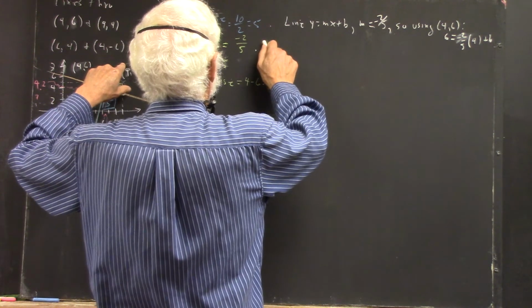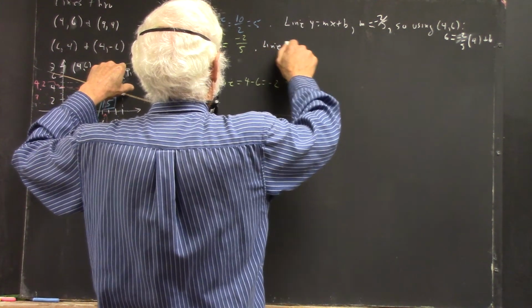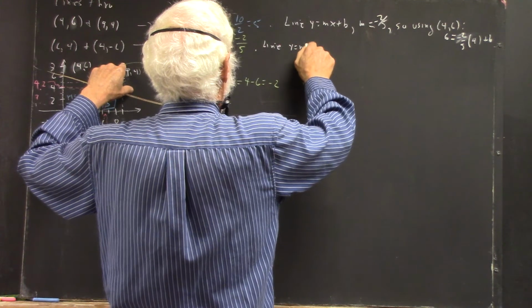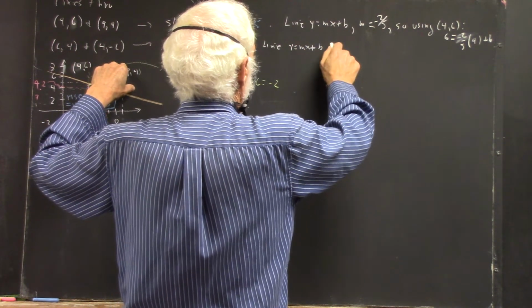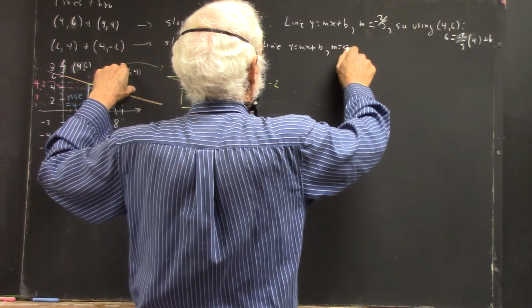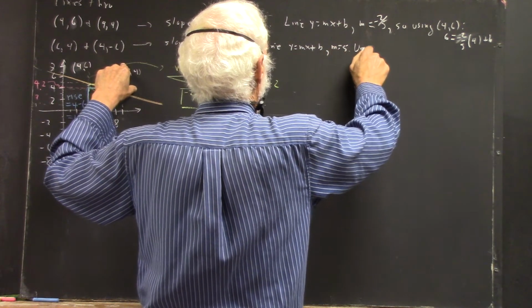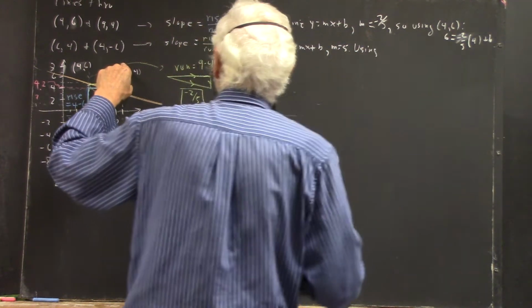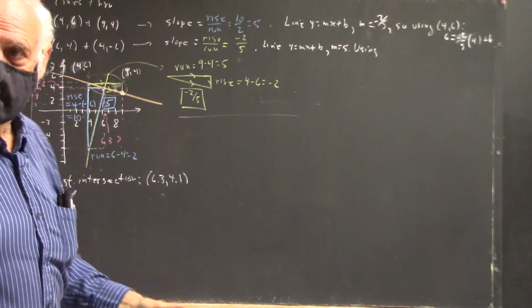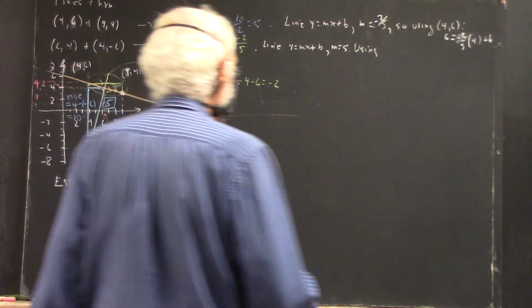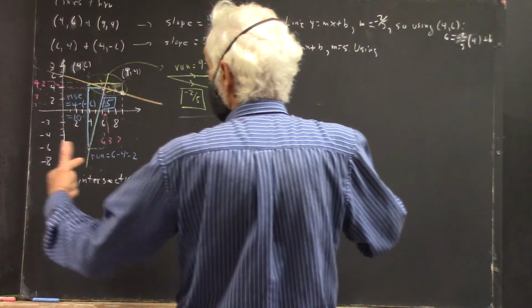This is, again, y equals mx plus b, m equals 5. Using either point on this line, I'll use (9, 4) because there are no negatives. We'll avoid the confusion of negatives. Either point will work.